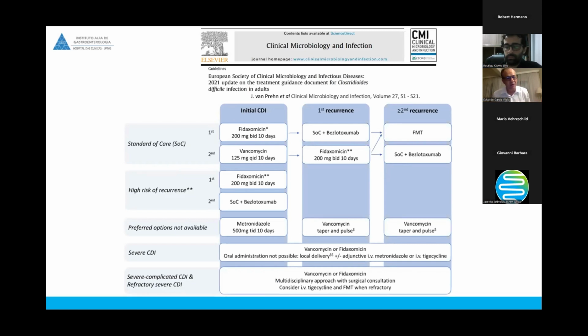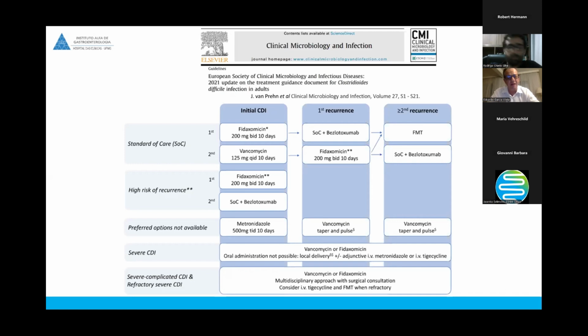But if you have fidaxomicin, for initial CDI fidaxomicin is the first choice of treatment, and vancomycin is the second choice. If you don't have fidaxomicin, and if the patient has no severe infection, metronidazole is the drug that we can prescribe here in Brazil.